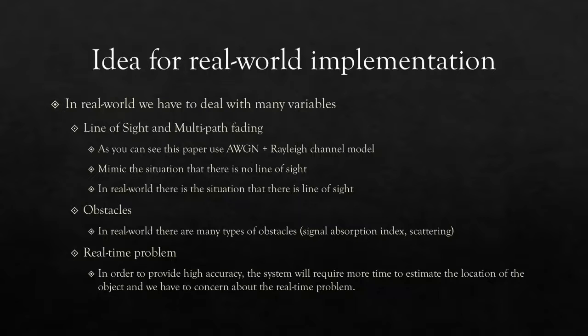For the obstacles, in the real world there are many types of obstacles which have different signal absorption indexes and scattering. In the real-time problem, in order to provide high accuracy, the system will require more time to estimate the location of the object, and we have to be concerned about the real-time problem.